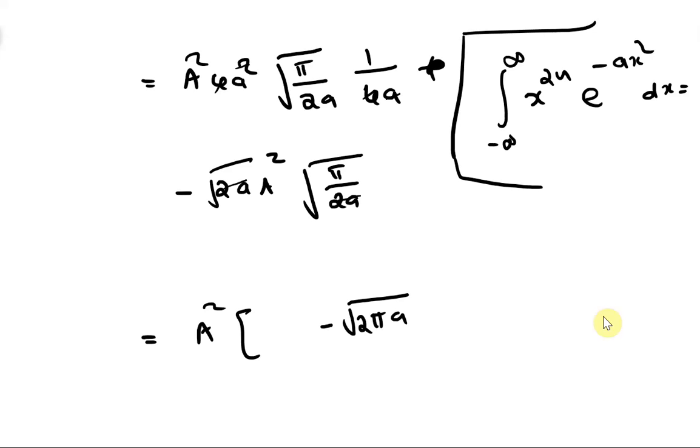And here what I will be having is root pi is there, and a root pi root a, if you cancel this, and divided by 2.